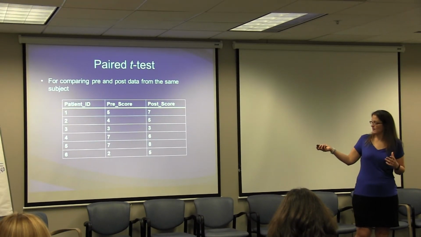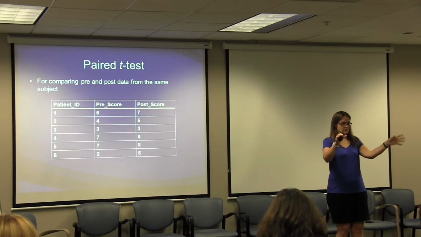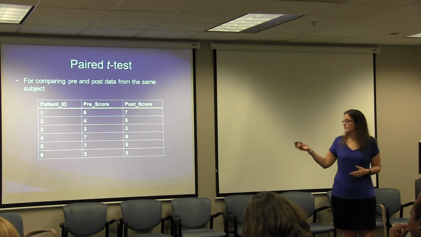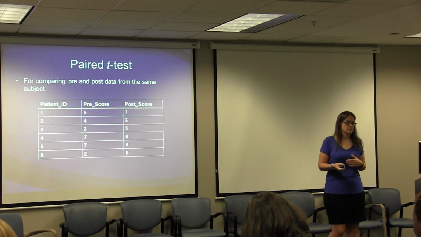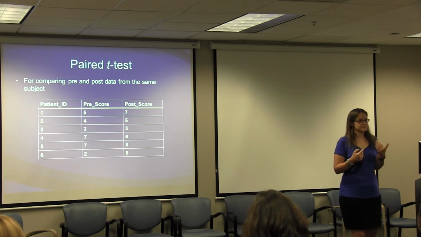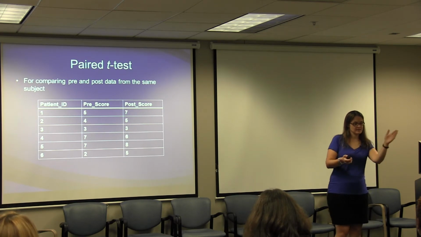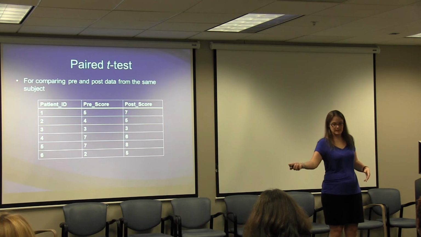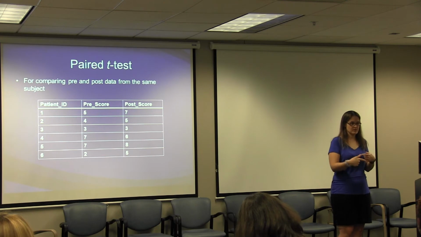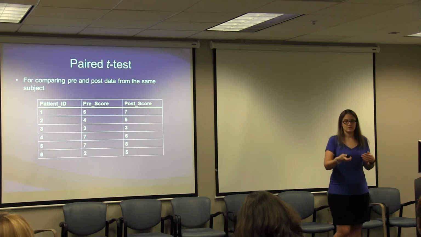But then when you have a situation where you have data on people at multiple time points, such as a pre and post, then you use a paired t-test, which takes into account the fact that my score on a test is going to be, if I take a pre-test and then I do something and then I take a post-test, my scores are going to be more like themselves than my scores and your scores, because we're different people.